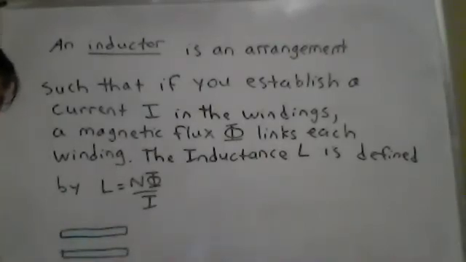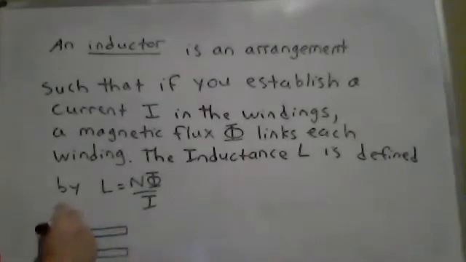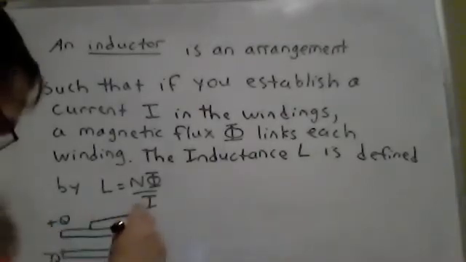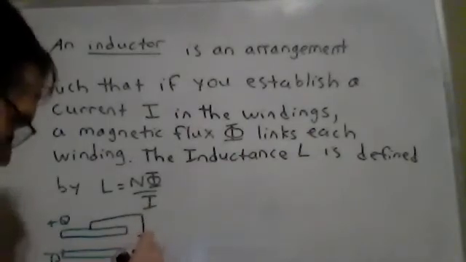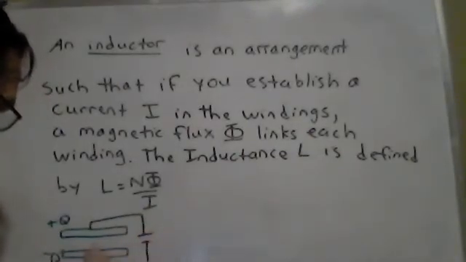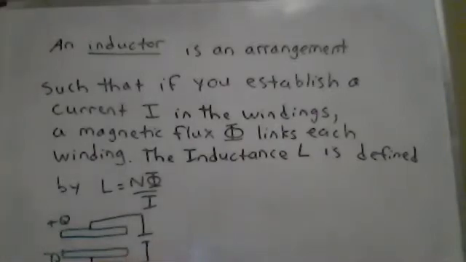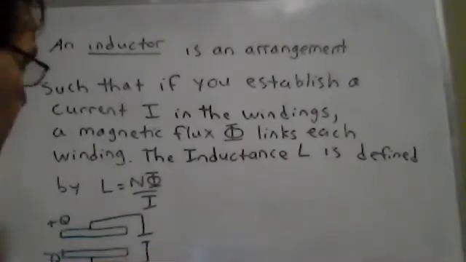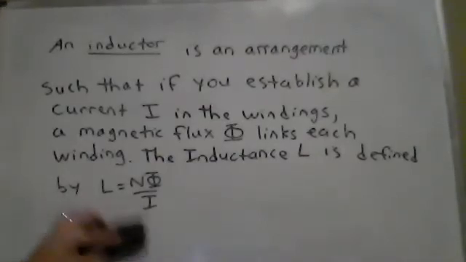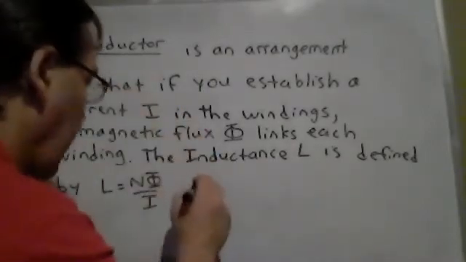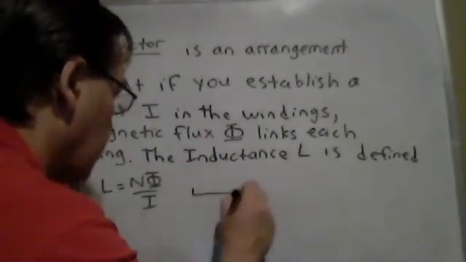We know that there is a positive charge Q on the top plate and a negative charge Q on the bottom plate, and we can imagine them being hooked up to a battery. I'm running out of space here, so let me draw this over here. Back in chapter 18, we had two parallel plates.